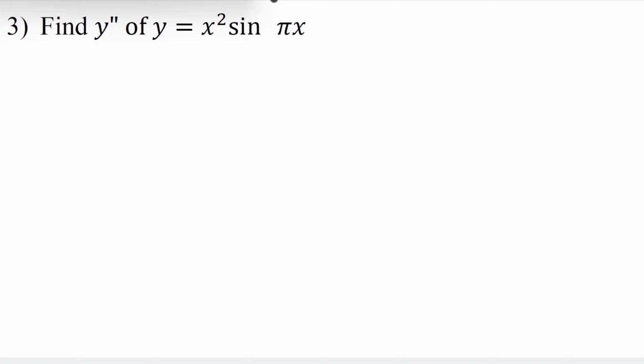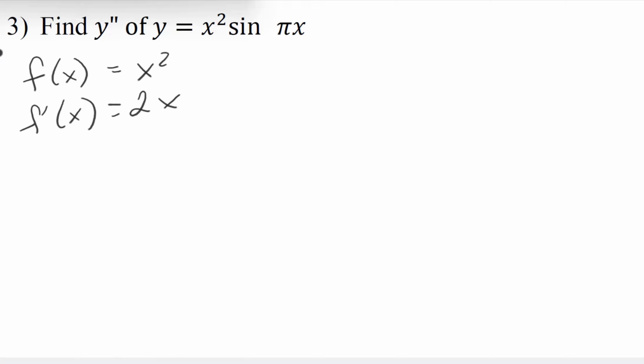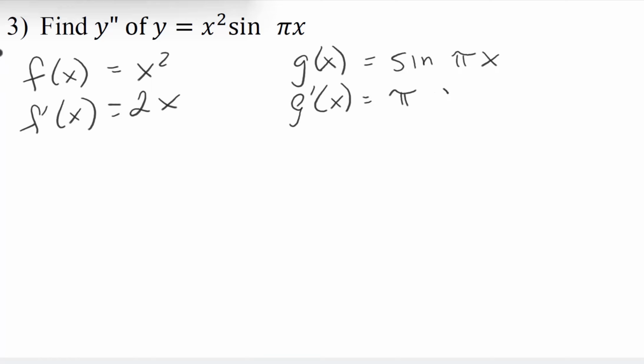So product rule: if we make f of x x squared, f prime of x is 2x. g of x is sine pi x, so g prime of x is pi cosine pi x, because the derivative of that is pi, since pi's a number, times cosine of pi x.